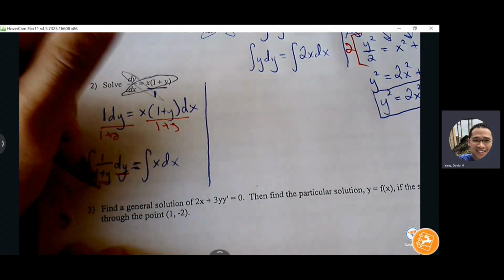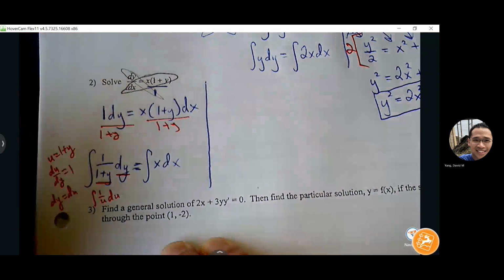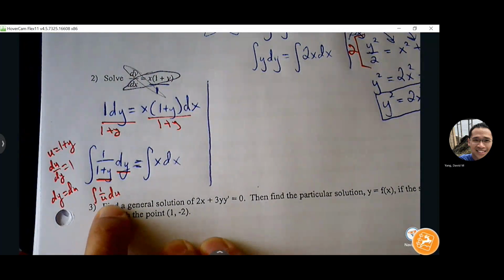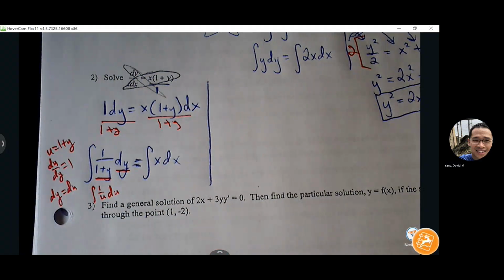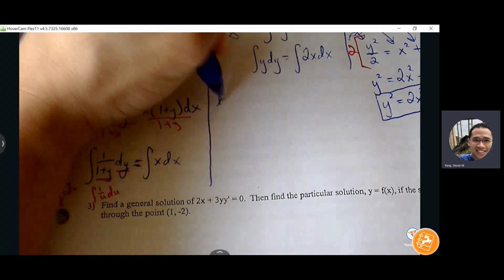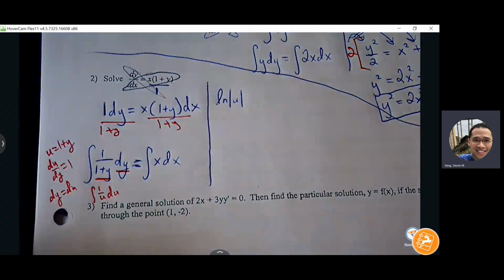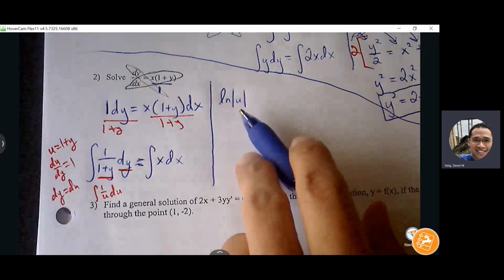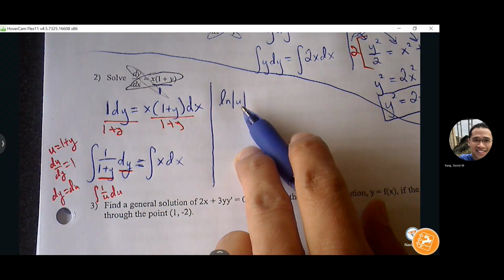So it should be pretty straightforward here, 1 over u du, once I make my substitutions, right? And what's the integral of 1 over u du? Yeah, natural log absolute value of u. Plus c, but we're going to leave that plus c on the right side. Let's just go ahead and finish this up. Replace the u back in terms of y.